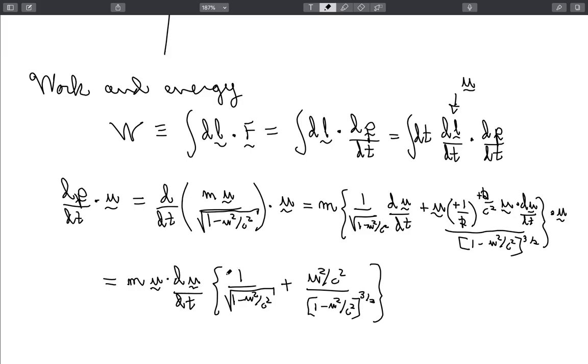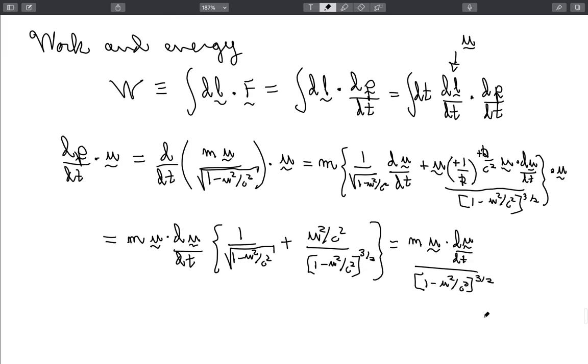So I would have a 1 minus u squared over c squared here over the 3/2, but then the u squared over c squared cancels. So this whole thing becomes quite simply m u dotted into du/dt divided by 1 minus u squared over c squared to the 3/2. Okay, so that's one expression.